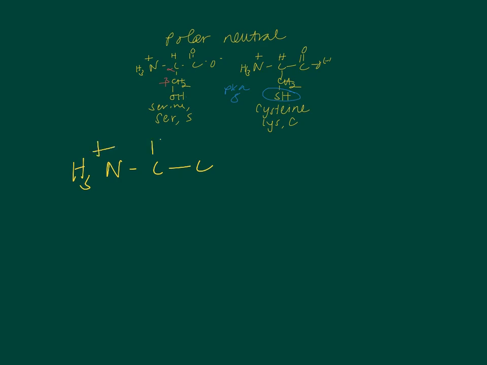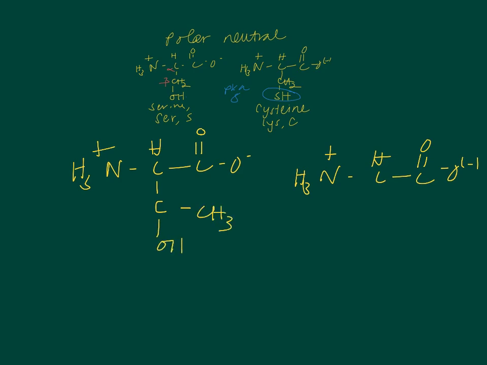NH3 plus, H, carboxylic acid. I think I'm getting better at drawing. I'm not sure. Okay, so the next one is going to be another one that has an OH coming off of it, but it's just a little bit different. So we're going to carbon to a methyl group to an OH.